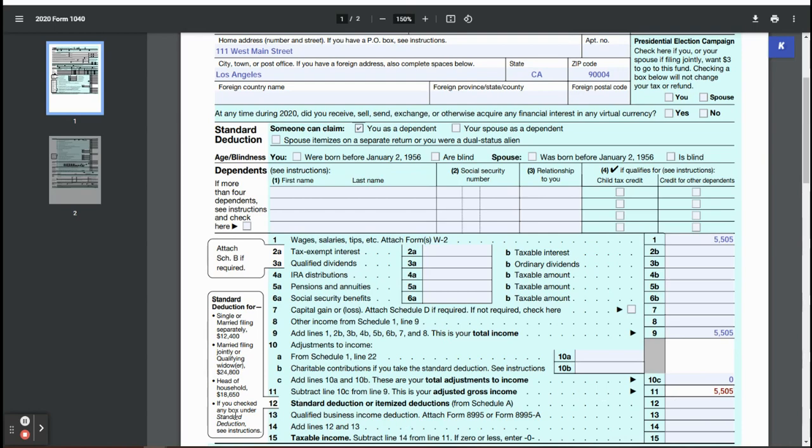Now the standard deduction over here, you'll see that it says if you checked any box under the standard deduction, which we did because he's a dependent, we want to see the instructions. That would be going to page 33 in those instructions and following what it said. Basically, for this line, you would take their total income.